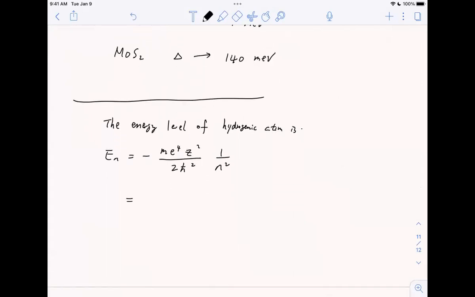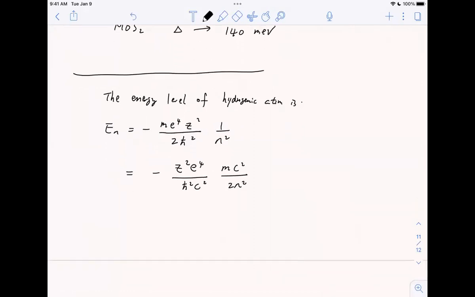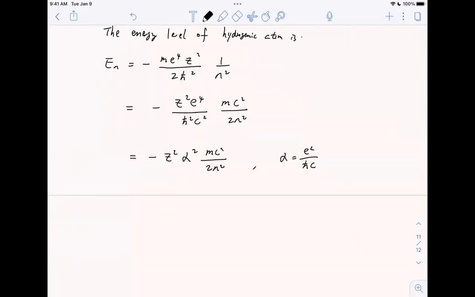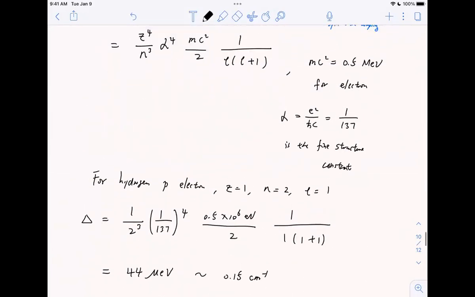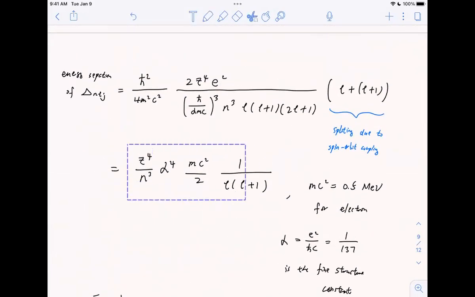So you can change the form in this way. Then this one you can group into this, which is the fine structure constant. So alpha is the fine structure constant. Okay, so what is the level here? So you compare. Let me see. So the separation is this.